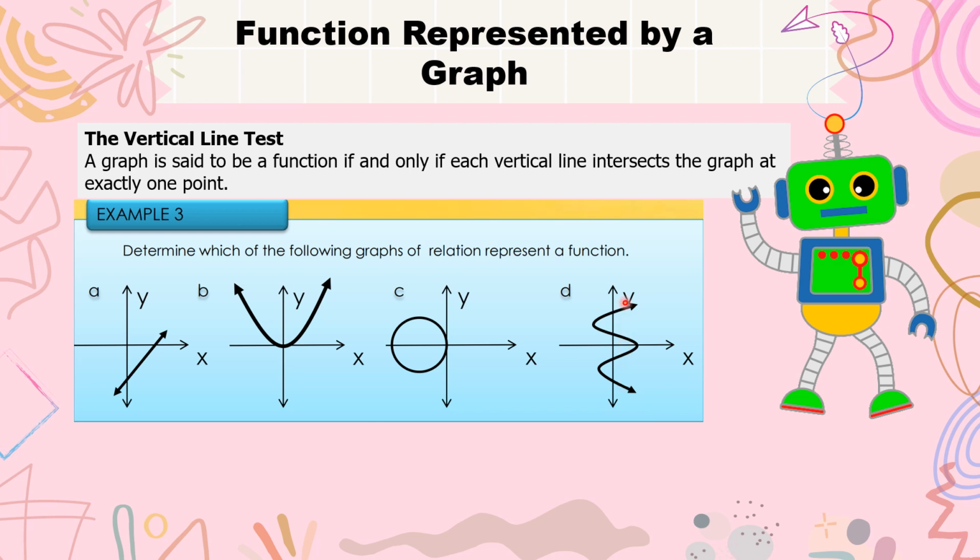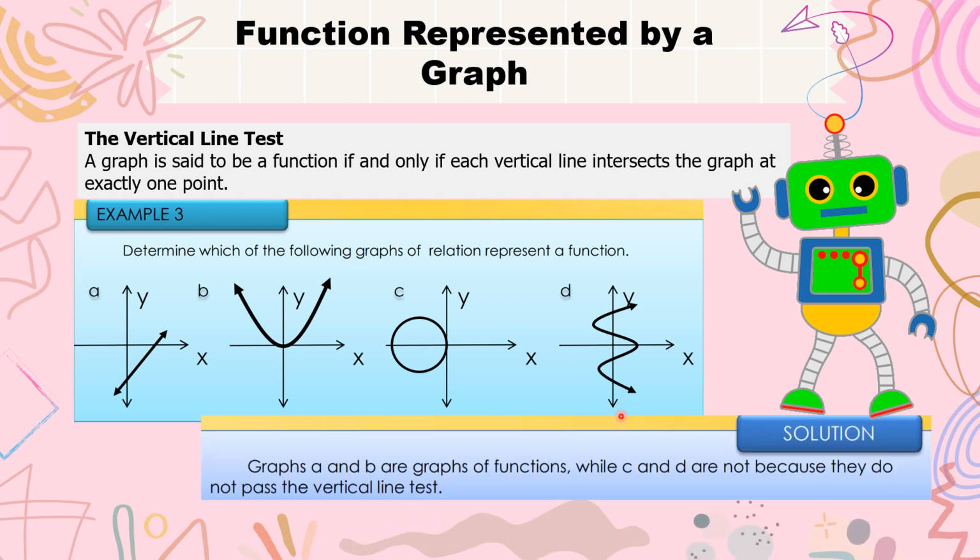Apat na points yung masasagi ng ating vertical line. So it is not a function. Thus, graphs A and B are graphs of functions, while C and D are not because they do not pass the vertical line test, because it passes through 2 or more points.